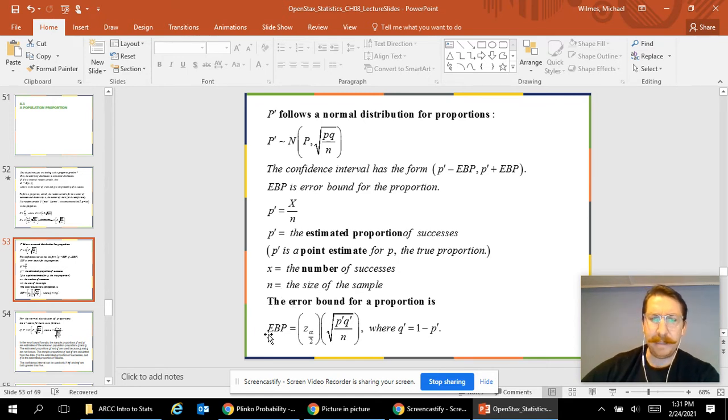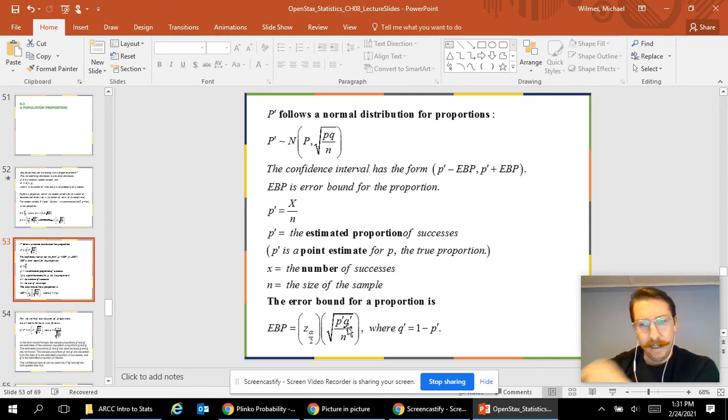Then to find that EBP, we take that z-score again, because remember we are using the normal distribution curve. We get that z-score, then multiply it by the standard deviation. To do that, we have p prime and q prime. P prime is the chance for success.